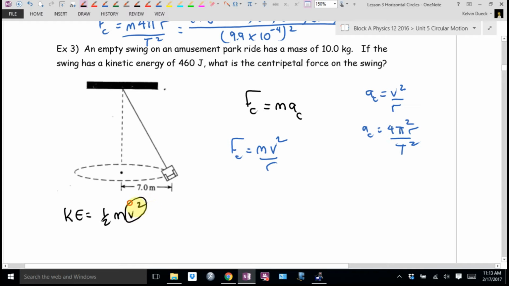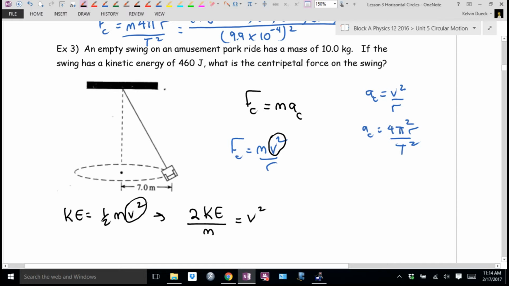Since this is a v squared and this is a v squared, instead of getting the v by itself, why don't I get the v squared by itself, and then I can replace the v squared with the v squared. It's going to be less work. Is that okay, James? Yeah. So I'm going to, I guess, times by 2 and divide by the mass. That's the v squared in kinetic energy.